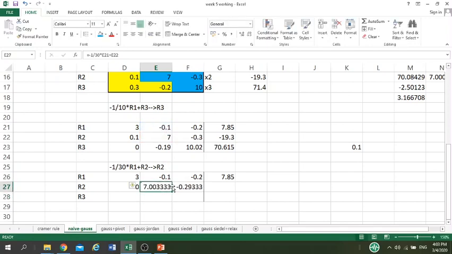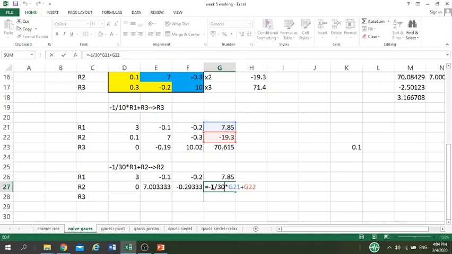Okay, also same thing happens here. And also for the answer for this row, you see, double check.